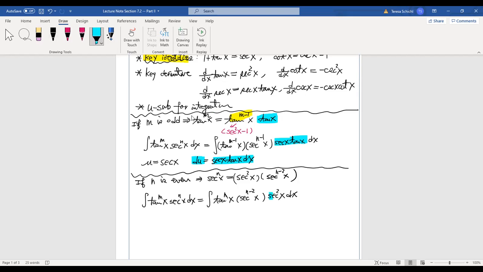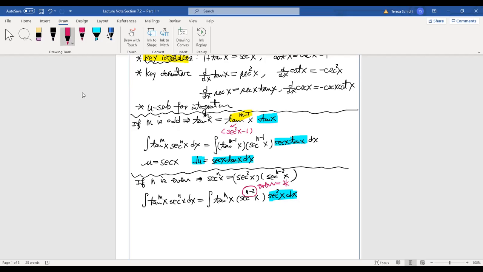Because n is even, n minus 2 is also even. Let's say n minus 2 is 2k, some even number.